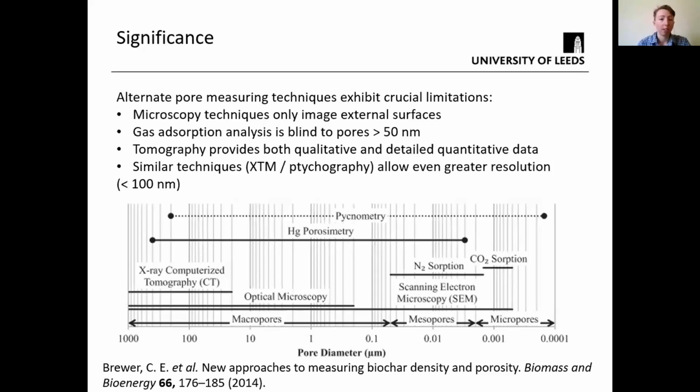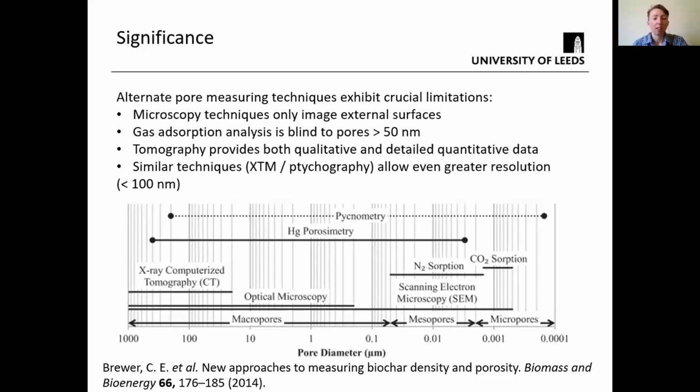The microscopy techniques scan most of these, but they're only able to view external surfaces, since biochar doesn't cross-section particularly well. Gas adsorption analysis is blind to larger pores, although it's a key technique, of course, for smaller pores.